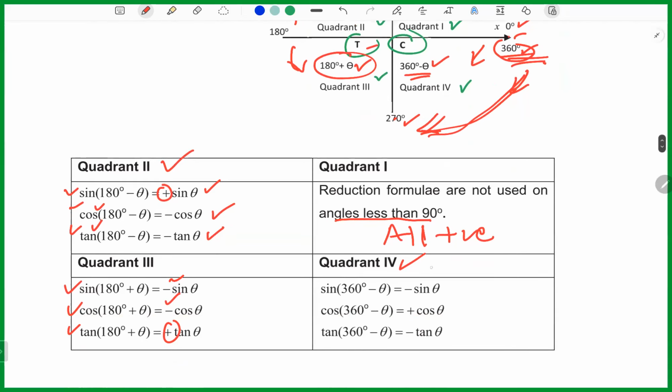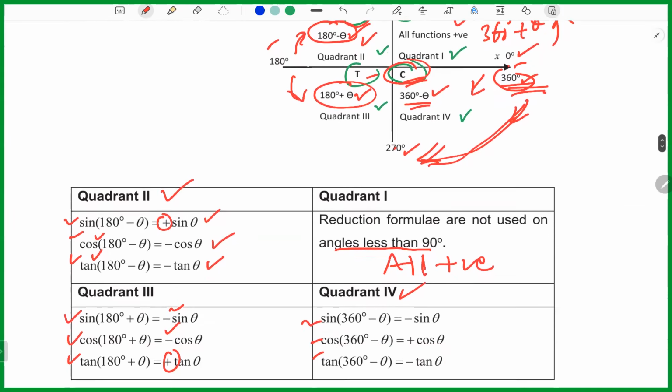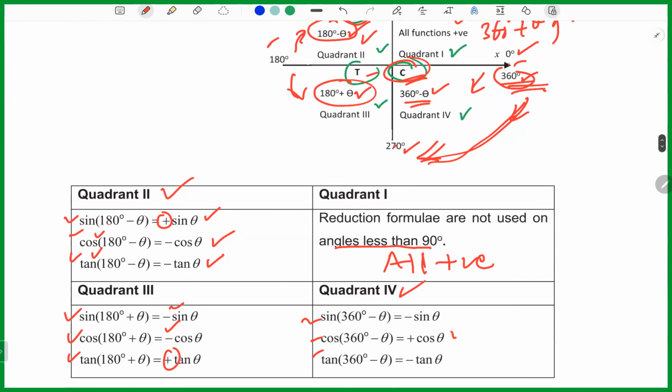So 360 minus positions us in the fourth quadrant, where we have the sine, cosine, and the tangent. But we know very well that the cosine is the only trigonometric function that is positive. So in other words, cosine is positive and the sine is negative and the tangent is also negative.